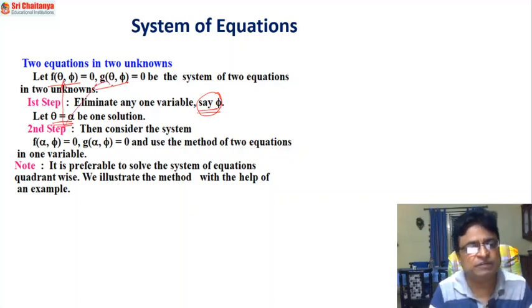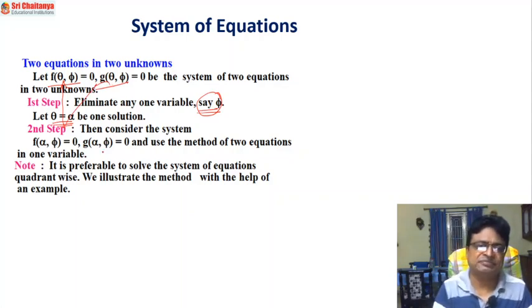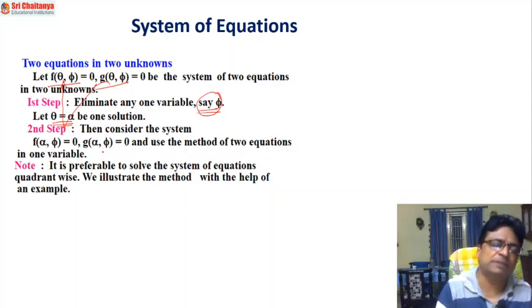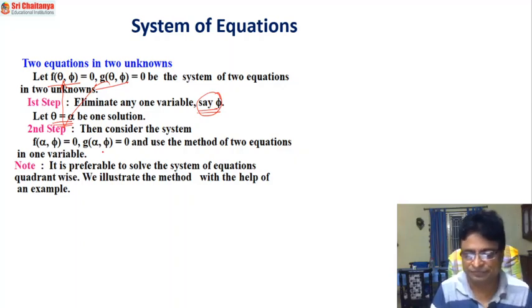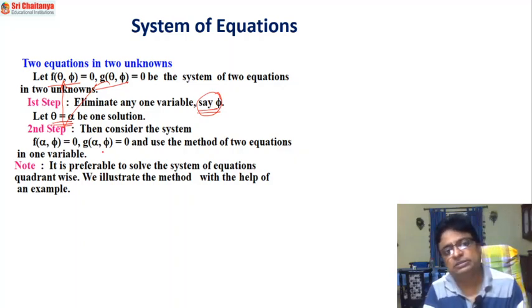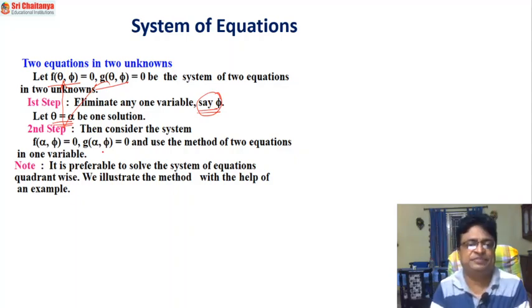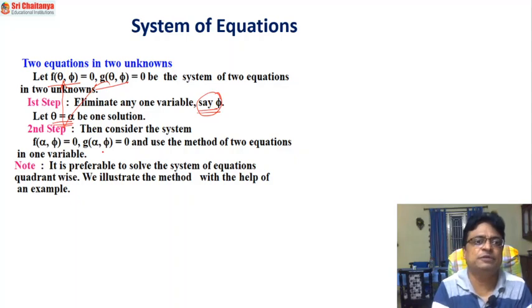Therefore, the two equations now become a single variable equation, and that variable is phi. Now apply the previous method. As per the previous method, you can solve for phi, and the values of phi and theta together will give the solution of two equations in two unknowns.